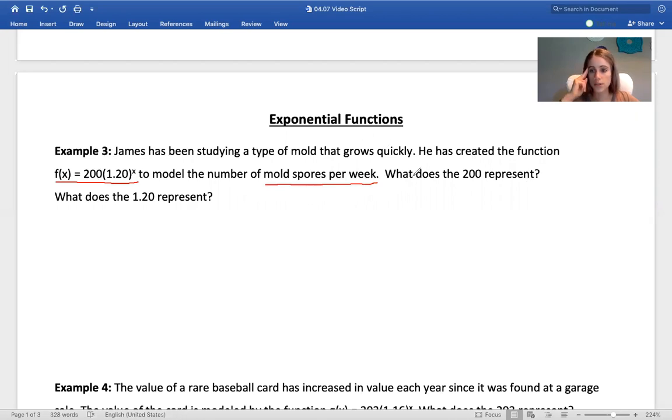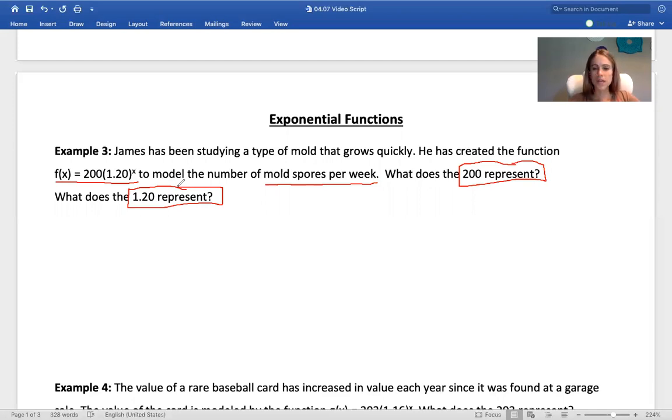So what, question word, does the 200 represent? A number instead of a variable. Oops, I should have cued in represent. And then what does the 1 and 20 hundredths represent? All right, I like this spin, finding out what our numbers represent instead of our variables.